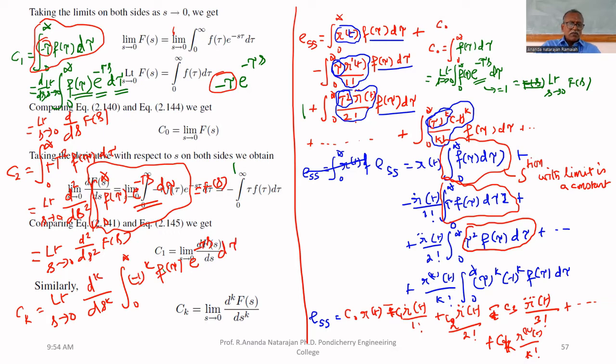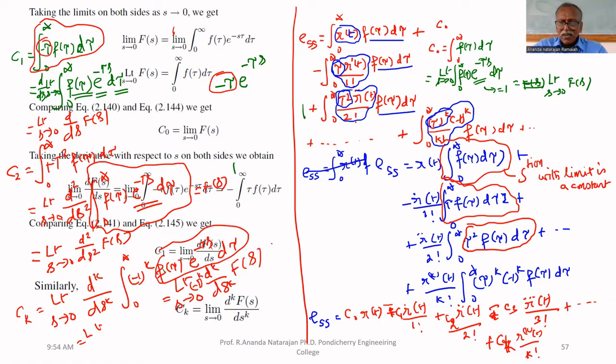The minus 1 to the power k also you can take outside. Therefore, we will get the kth derivative with respect to s of F of s, times minus 1 to the power k.